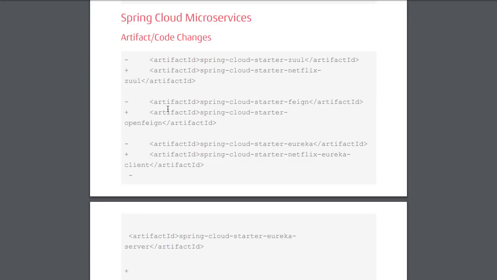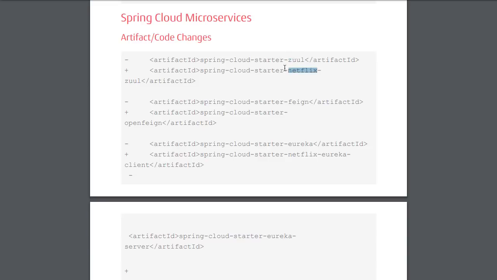The other important changes are related to Spring Cloud and the microservices. There are renames of a number of artifacts. Most of the Spring Cloud artifacts are from Netflix OSS, Netflix open source software. So what has now changed is explicit renaming of all the Netflix related stuff to use Netflix in the name.